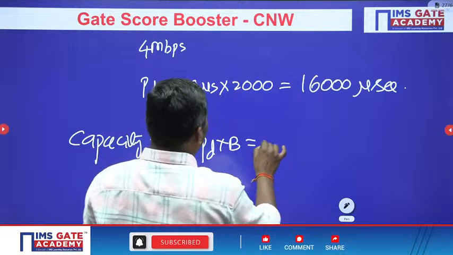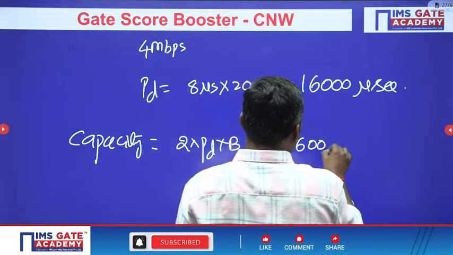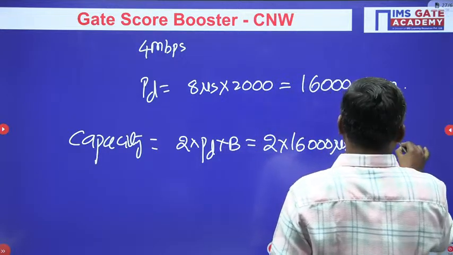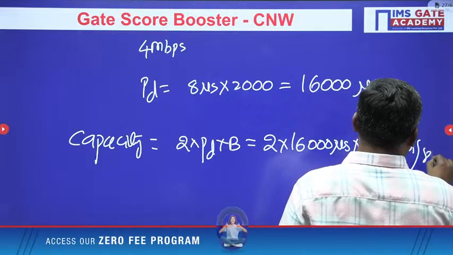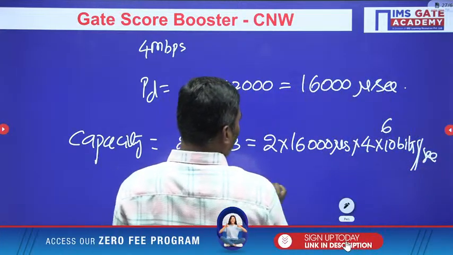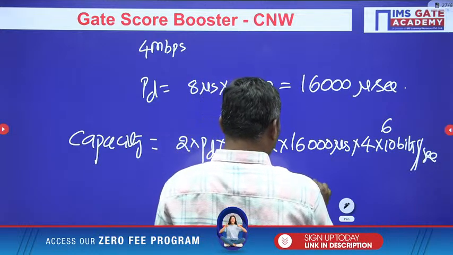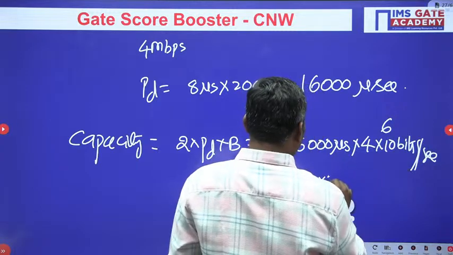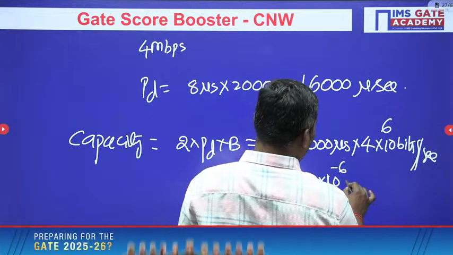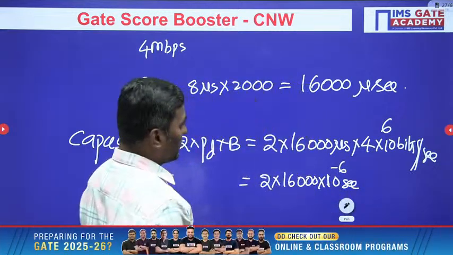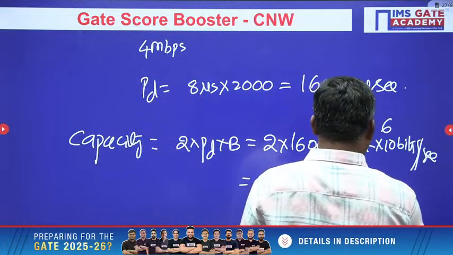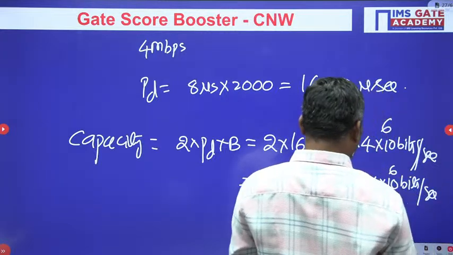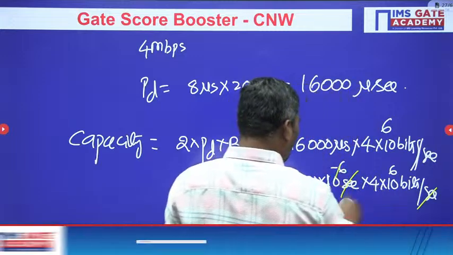So 2 into 16,000 microseconds, that is 10 power of minus 6 seconds, into 4 into 10 power of 6 bits per second. The seconds get canceled, so this term cancels.